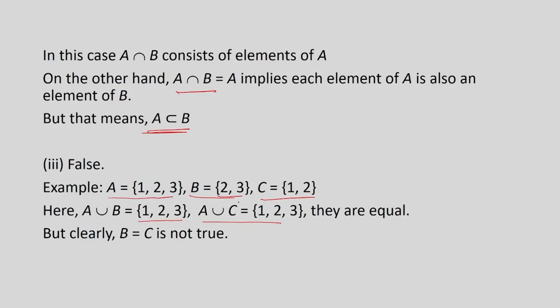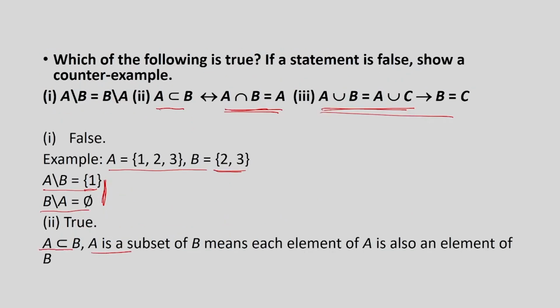B is the set 2, 3 and C is the set 1, 2, obviously they are not equal. So, we have constructed one example where even if this is correct, the implied part is not following. Okay. So, that is why this third statement is not correct.